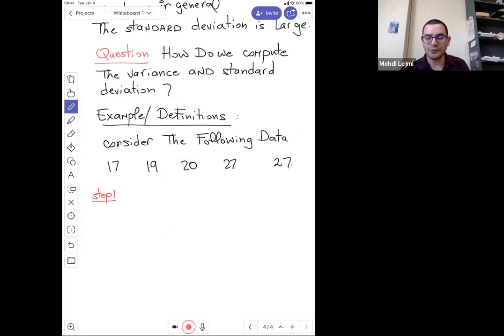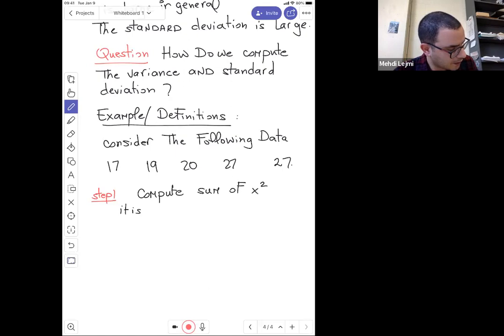In the first step, we compute the sum of X squared. It's denoted by the summation symbol, guys, don't forget the summation symbol.